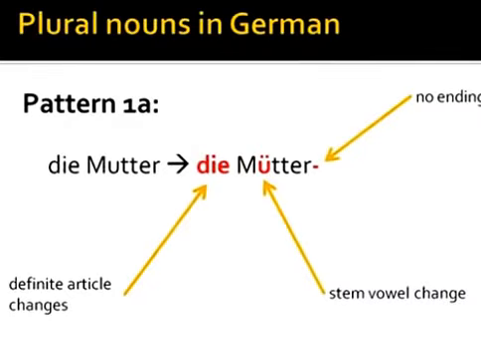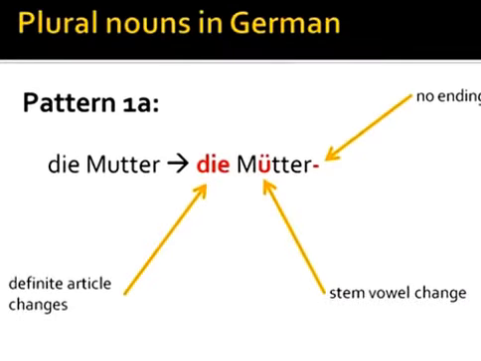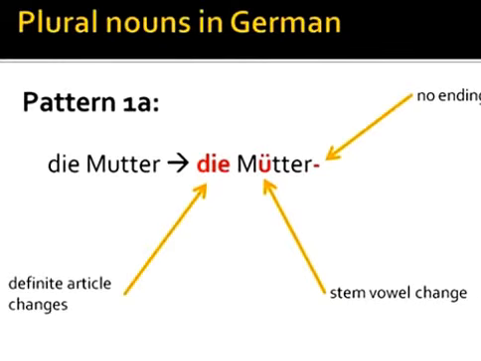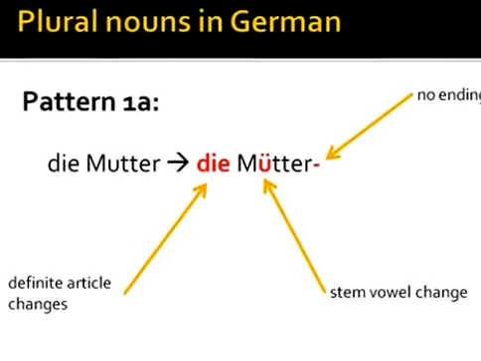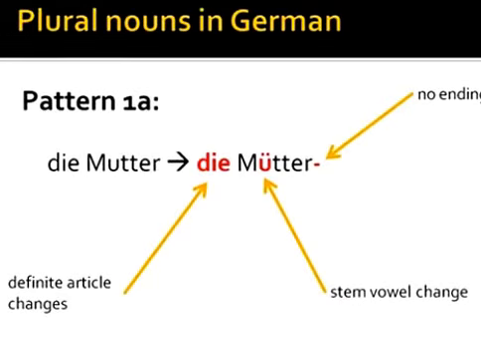Now the variation on that pattern does essentially the same thing. Die Mutter, with die being singular feminine, changes to die plural. Now you recall that in plural there is no masculine, feminine, neuter, there's only plural.